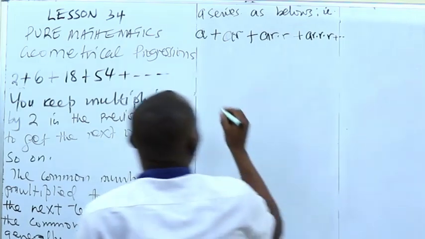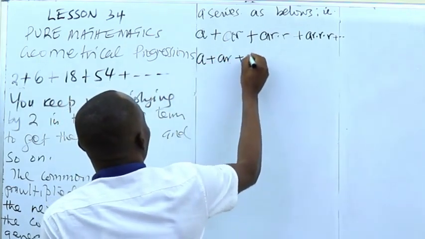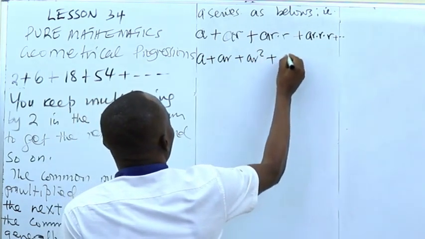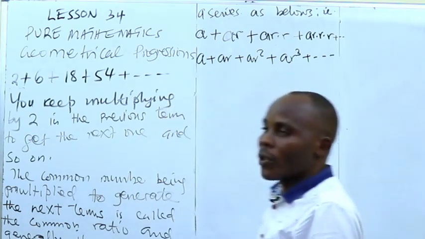Now, if I rewrite it properly, I have A plus AR plus AR squared plus AR cubed, and so on.